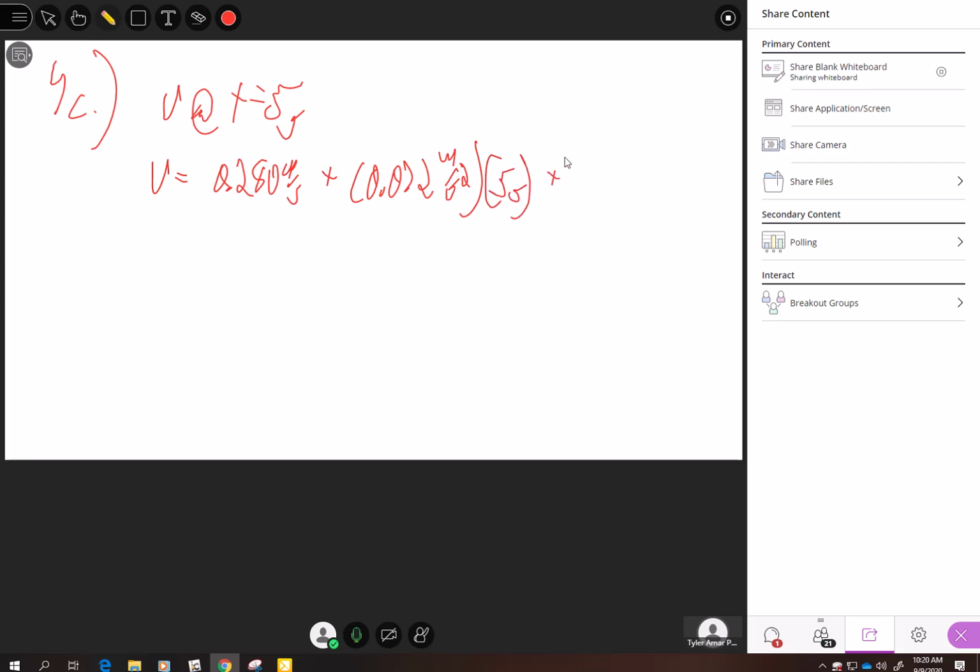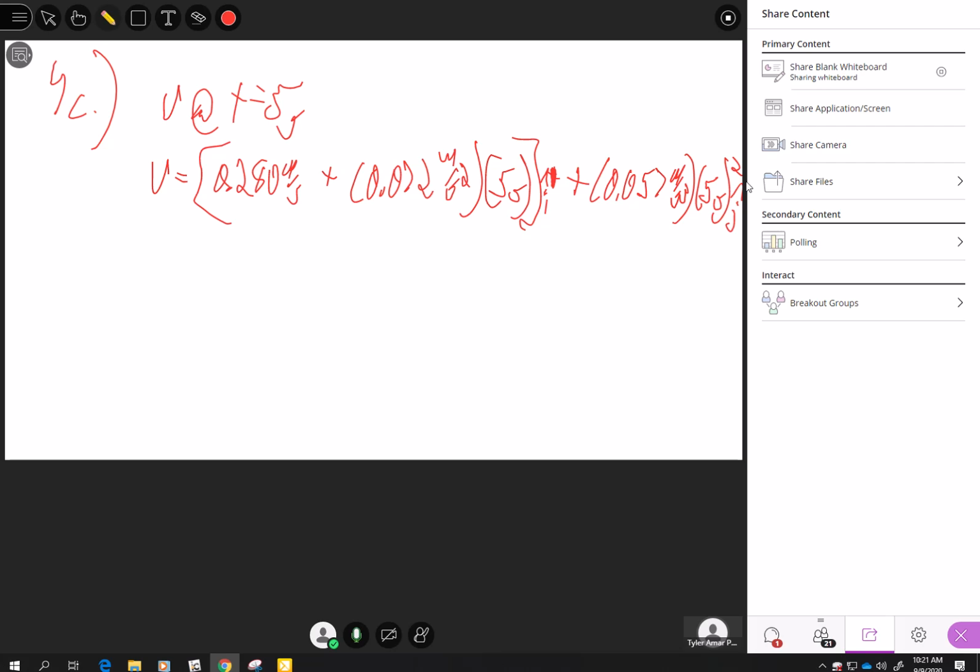That's the i component, the x component. Plus the y is 0.057 meters per second cubed times 5 seconds squared. This is the j component, okay? That's the y component.